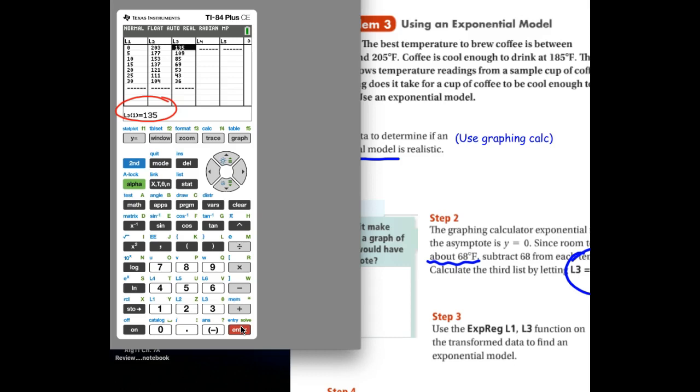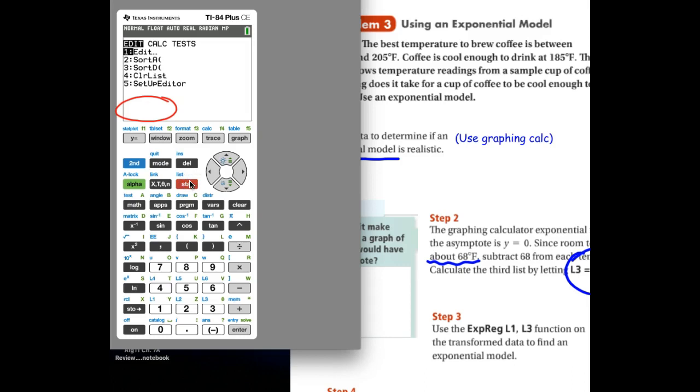Okay, so what we are going to do now is tell the calculator, use list 1 and list 3, and come up with an equation. To do that, we're going back to stat.